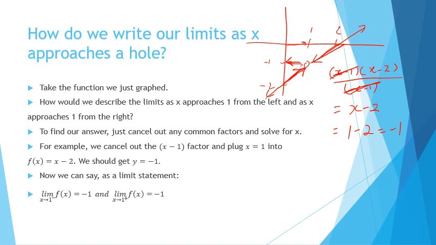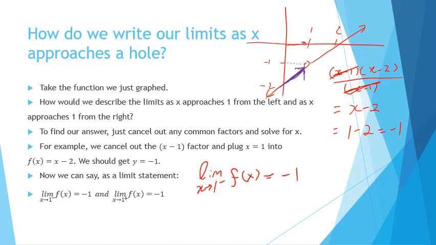And so our two limits: the limit as x approaches 1 from the left-hand side of, we'll call this f of x, is equal to a y value of negative 1. Let me erase all this here. As we approach 1 from the left-hand side, we're going to come to a y value of negative 1.